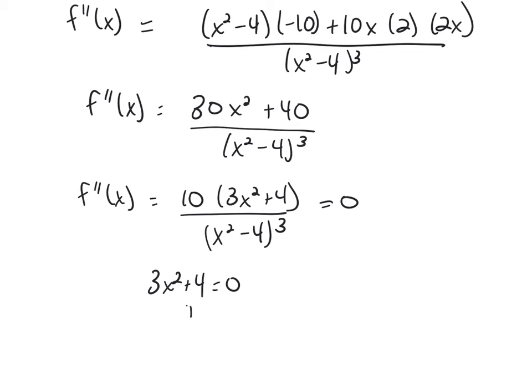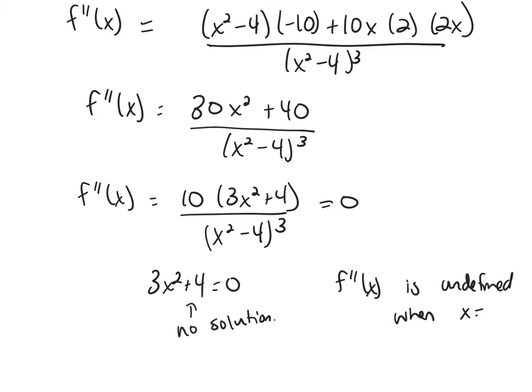And this equation has no solution. But I do know that the second derivative is undefined when the denominator is equal to 0. So that means x is either plus or minus 2.